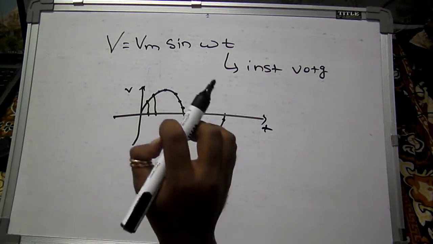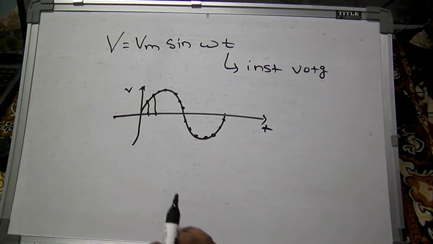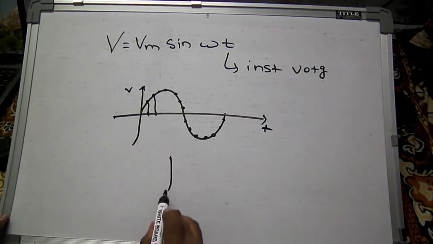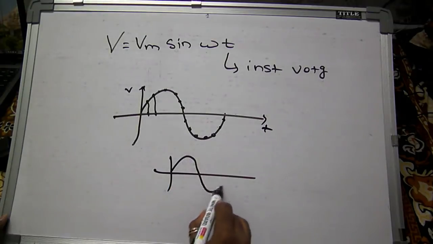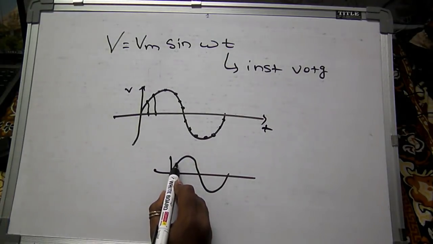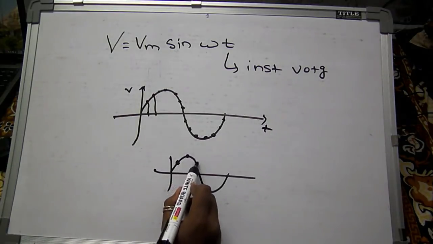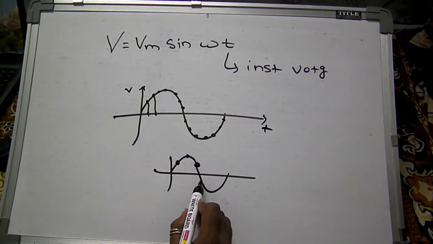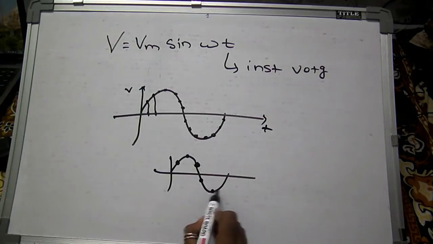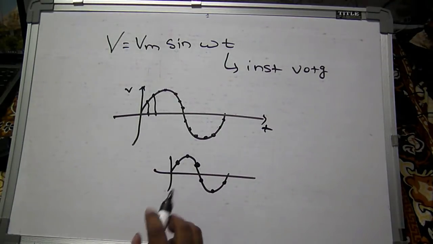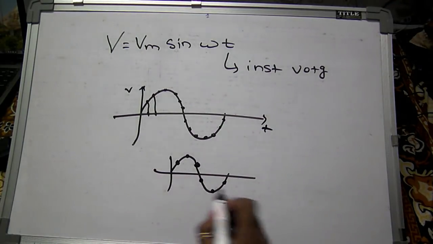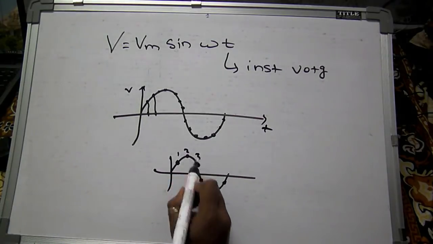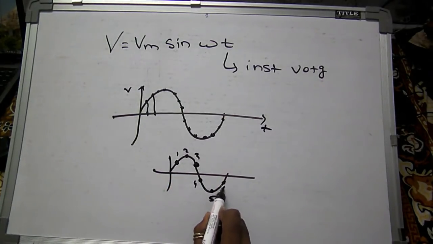So to solve this problem we came into averaging. Averaging means, suppose this is a waveform, we are calculating voltages at 3 points in the positive cycle, and in the negative cycle we are taking these 3 points' voltages. So averaging means 1, 2, 3, 4, 5 and 6.